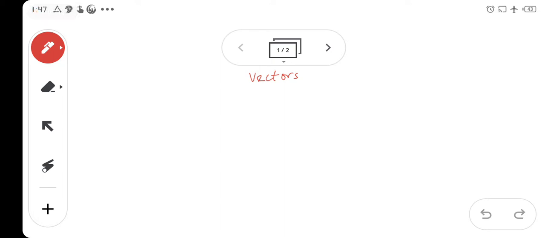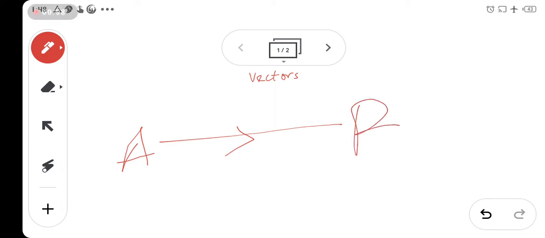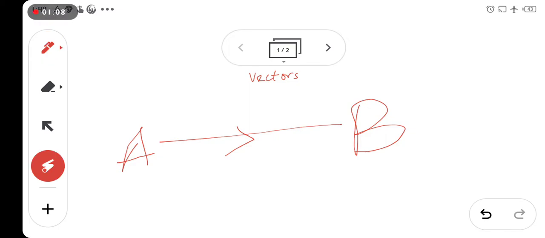Now, in mathematics, we can represent a vector quantity as a directed line segment. This is what I mean. What I have here is a vector. I call this vector AB. This line segment shows me the magnitude and the direction of the vector.